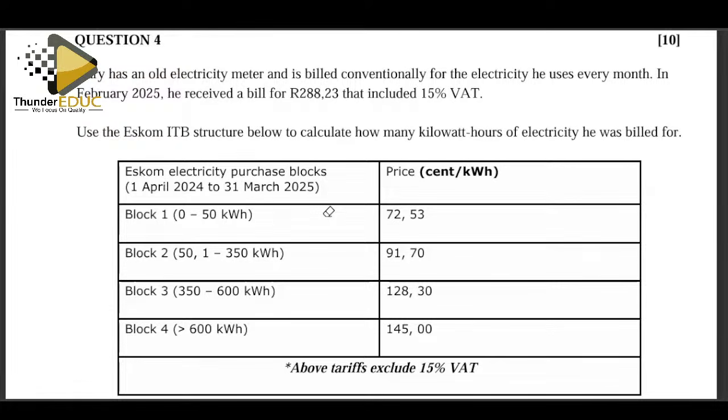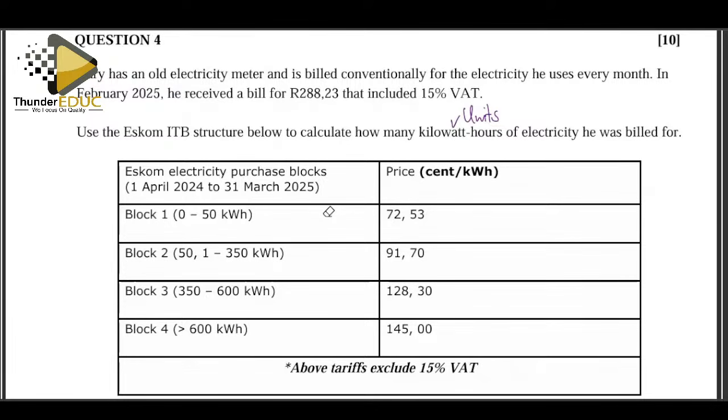Use the Eskom tariff structure below to calculate how many kilowatt hours of electricity he was billed for. In other words, we are calculating the number of units. How many units did he pay for? So the block is here and we are going to start calculating.